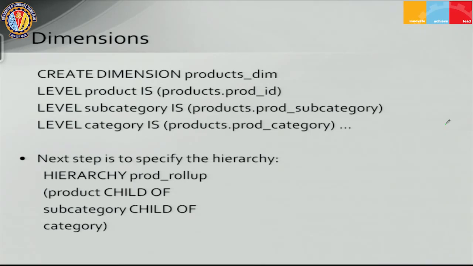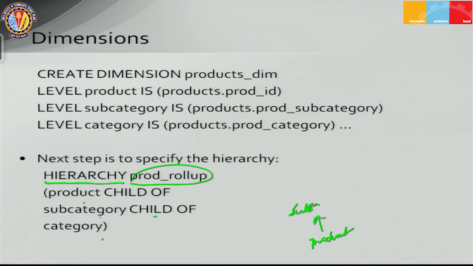So you can see the hierarchy I am defining, and I am giving it a name, product roll-up. Product is a child of subcategory, and subcategory is a child of category. So you have defined a hierarchy, or one-to-many relationship, between subcategory and category.